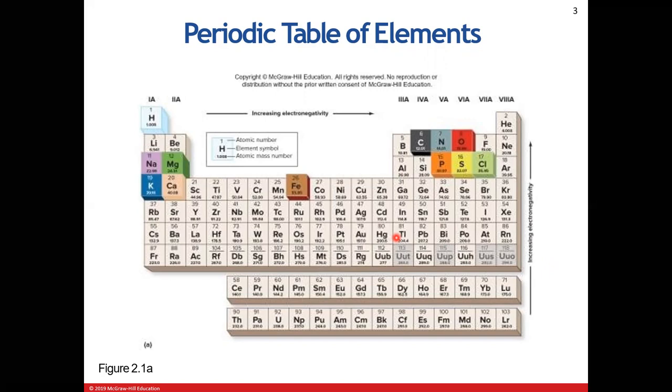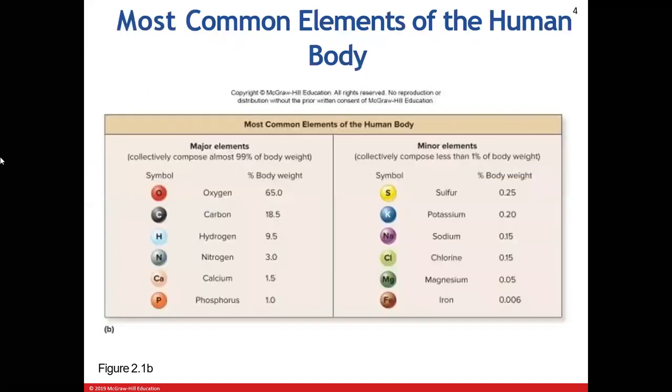When we look at the periodic table, there's a lot of information put into each of these boxes. And the location of where they fall in the periodic table also makes a big difference. We'll talk about what this number and this symbol mean, as well as the columns and the rows, as we move through this chapter.